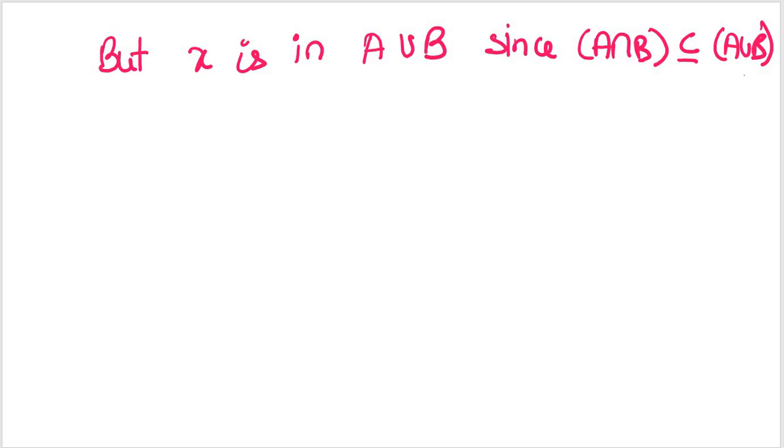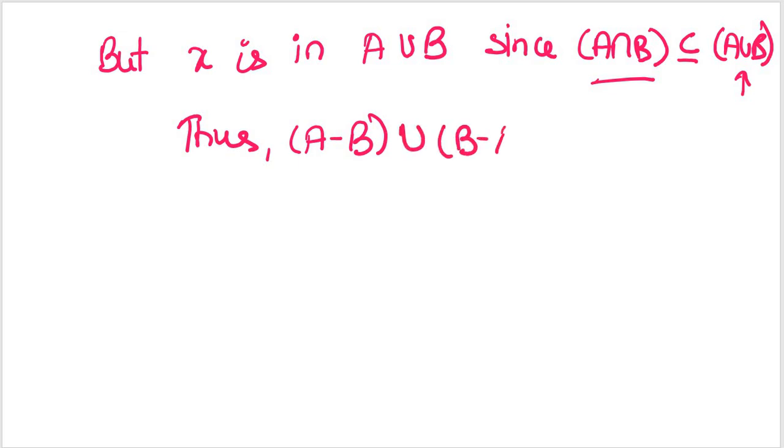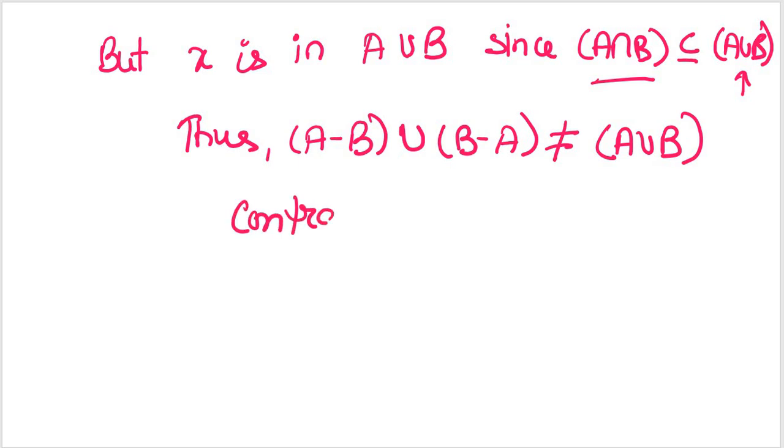Anyways, because in this A union B it will have all the elements of A and B, and A intersection B will have the common elements. So anyways, this is going to be a subset of A union B. Thus, I hope I am able to clarify this particular point, right? Just you have to throw some light on the previous algorithm. So thus (A minus B) union (B minus A) is not equals to A union B. So this is something which is a contradiction.